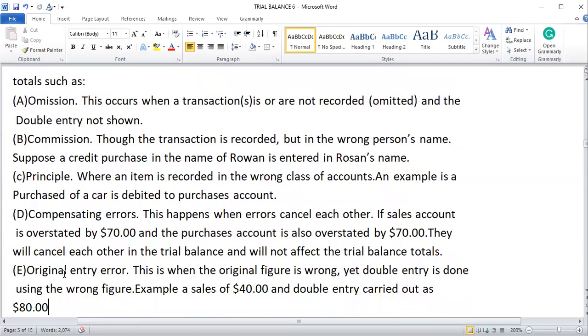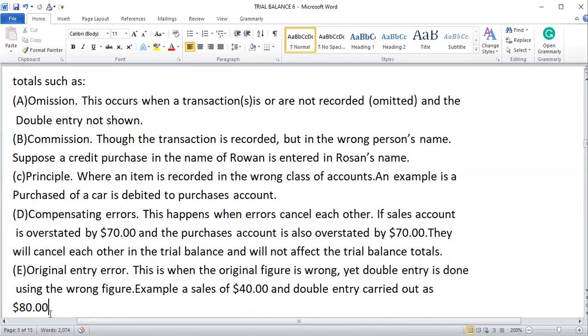So E, original entry error. This is when the original figure is wrong. Your double entry is done using the wrong figure. Example, a sale of $40 and the double entry carried out as $80. So when the amount has been overstated, it's a double entry, credit and debit.